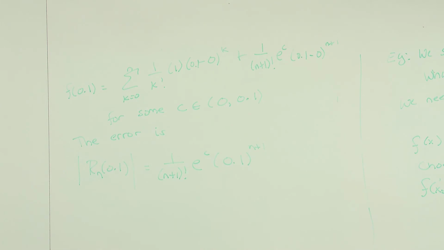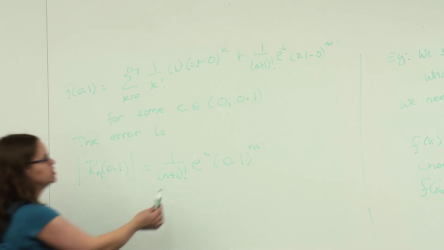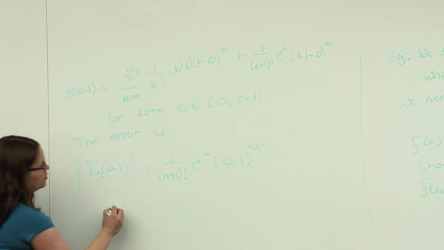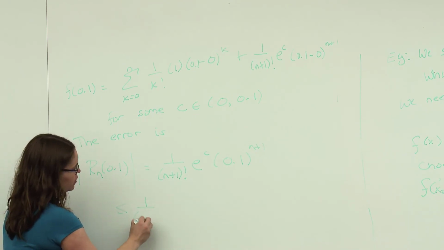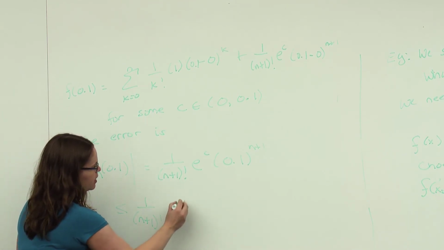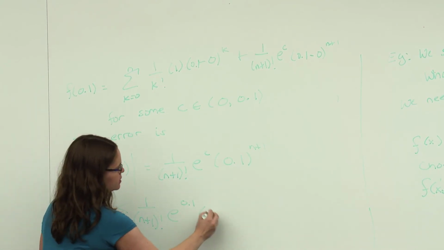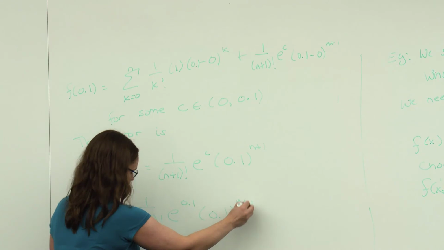Of course, if you have a trig function, they might not all be positive terms, so you'd need the absolute values. All right, e to the c. I have no idea what c is. I know the exponential function is increasing. So I know that this is certainly less than 1 over n plus 1 factorial e to the 0.1, because c is less than 0.1, times 0.1 to the n plus 1.